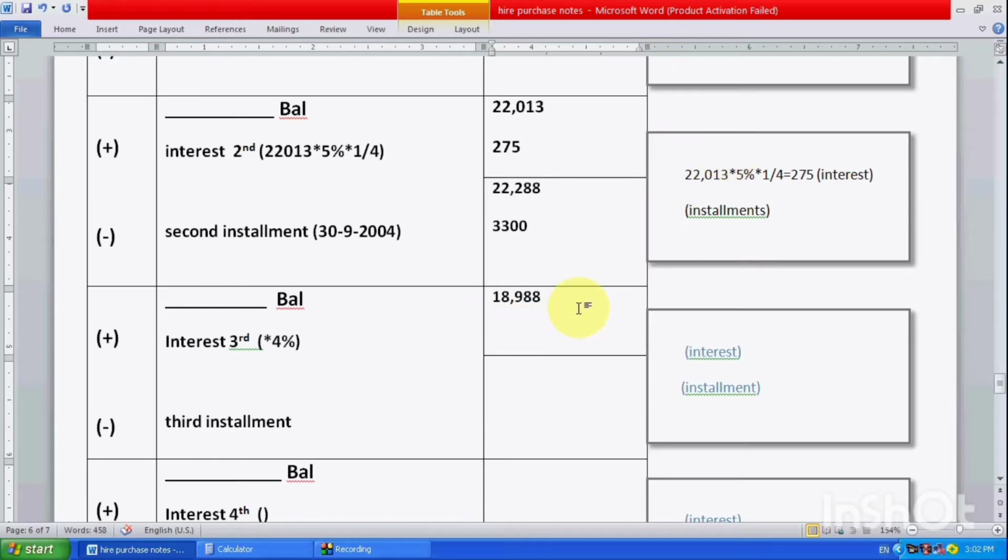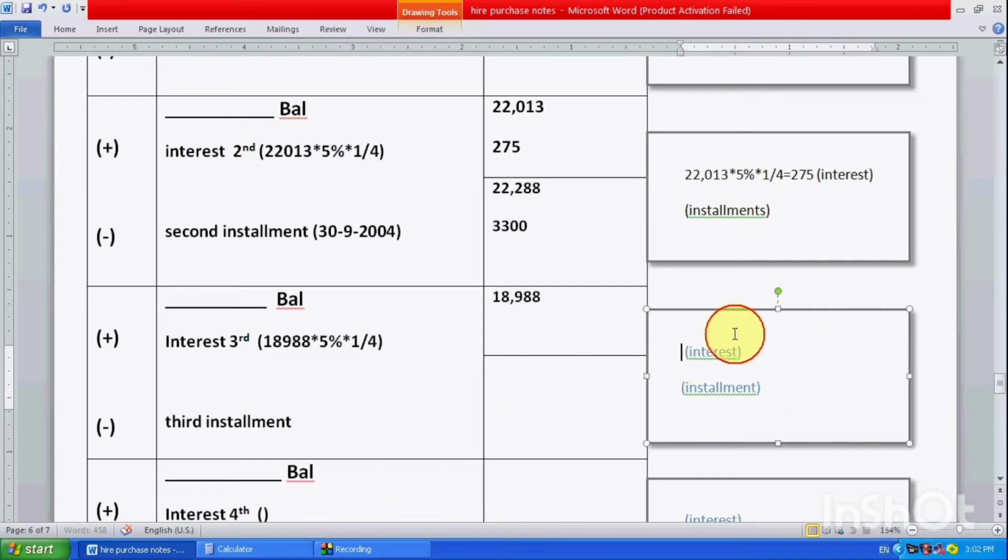Now add the third quarter interest. So we have 18,988 into 5% into 1 divided by 4. Let's see how much we are getting in a working note.